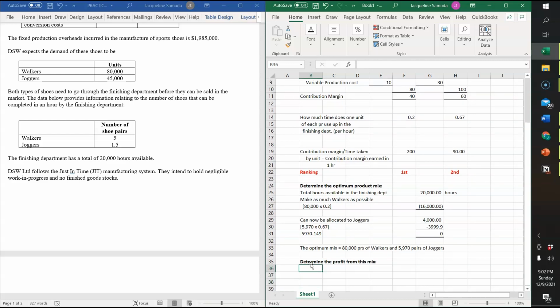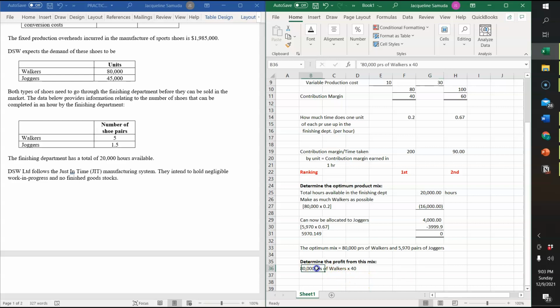So we're going to pick up the 80,000 pairs of walkers, and we're going to see how much contribution margin it will earn, because it's $40 on each. And why am I using the $40? Under marginal costing principles, profit is equal to contribution margin minus fixed costs.